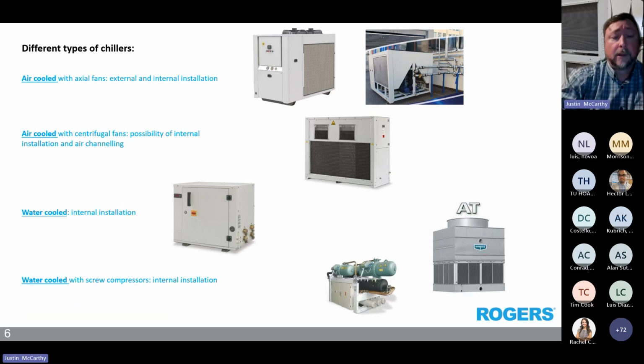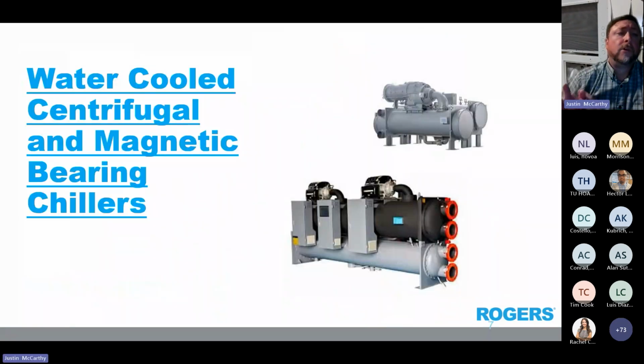Water cooled larger chillers with screw compressors and internal installation, those are typically going to be hooked up to a fluid cooler to cool the condensers, as opposed to using airflow over the condensers that you would find in an air-cooled chiller. Then, of course, we have the big boys, water-cooled centrifugal and magnetic bearing chillers.